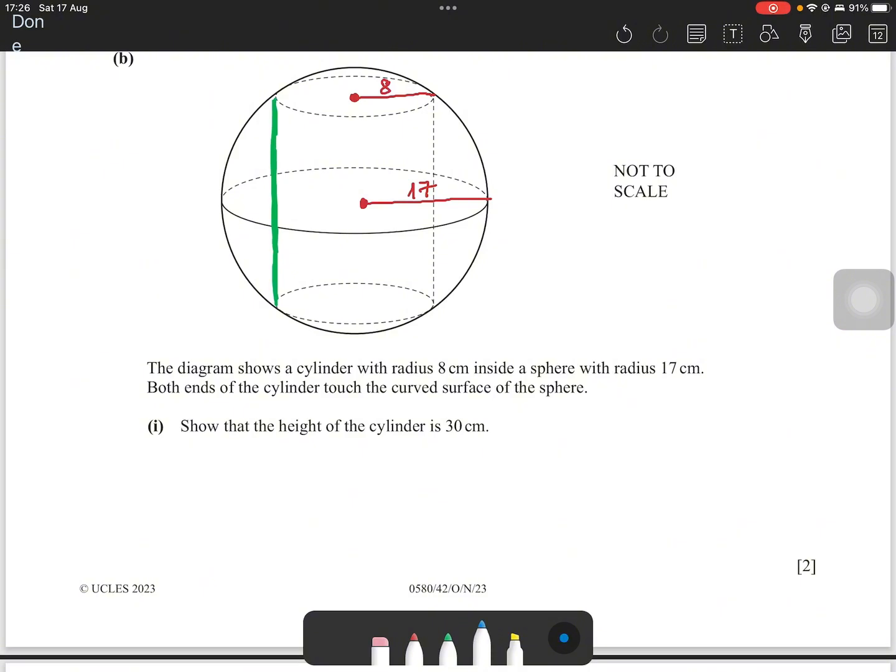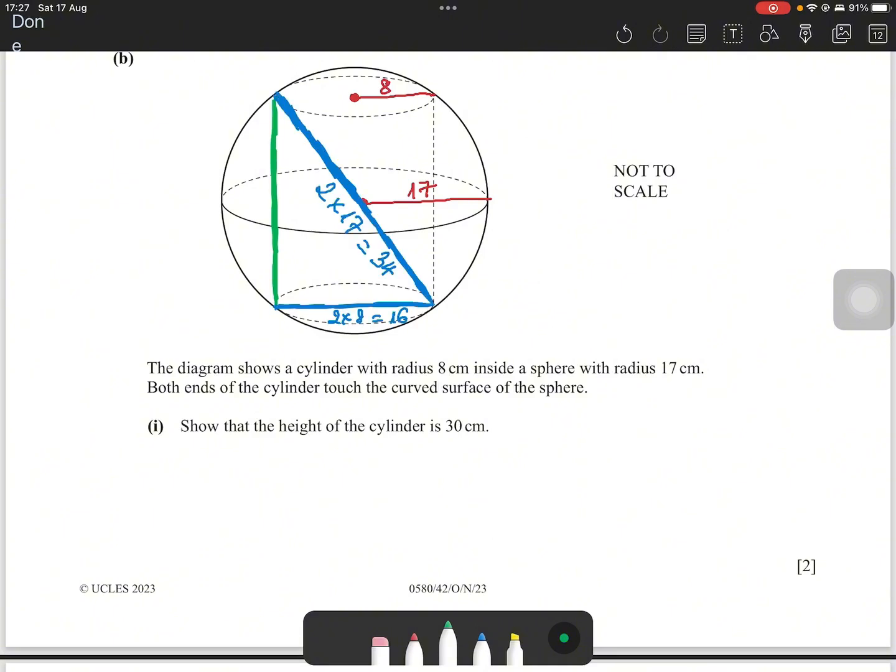So, first of all, you see that this blue line is twice 8. It is 2 times 8 equals 16. And this blue line is the diameter of the sphere, so it is twice 17, which equals 34.